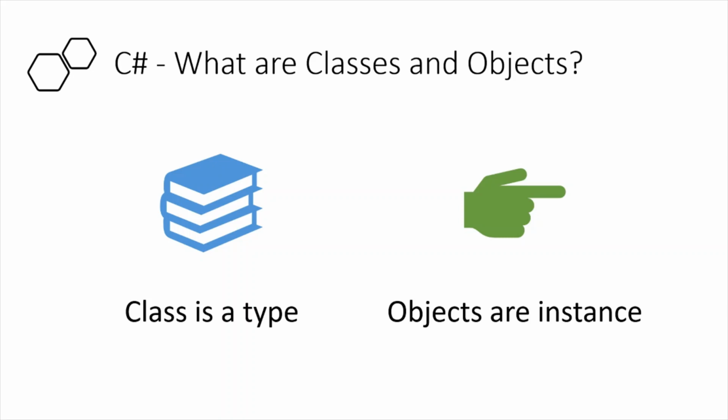So you understand? We have a type which is car, and using that type car we create three instances or three objects.